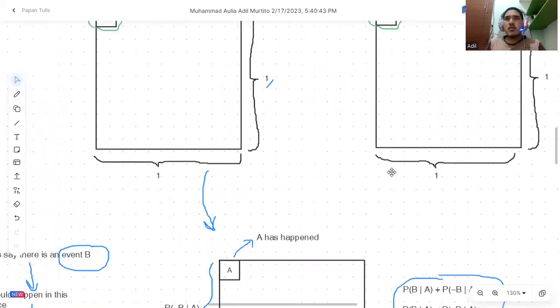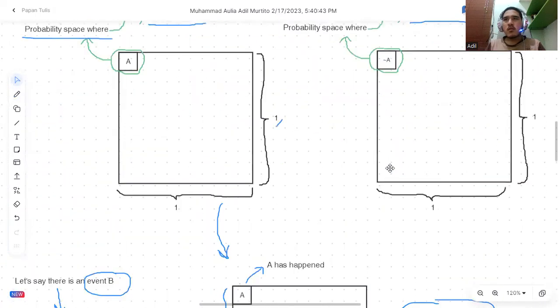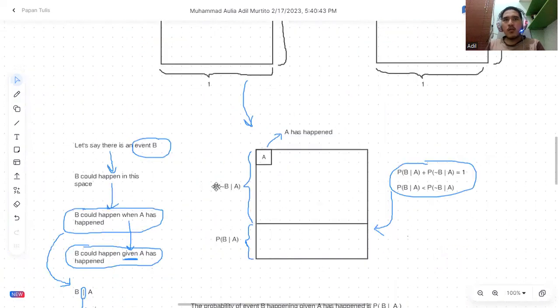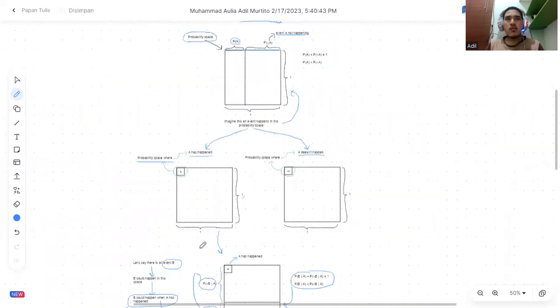We can plug these two variables into this probability space.